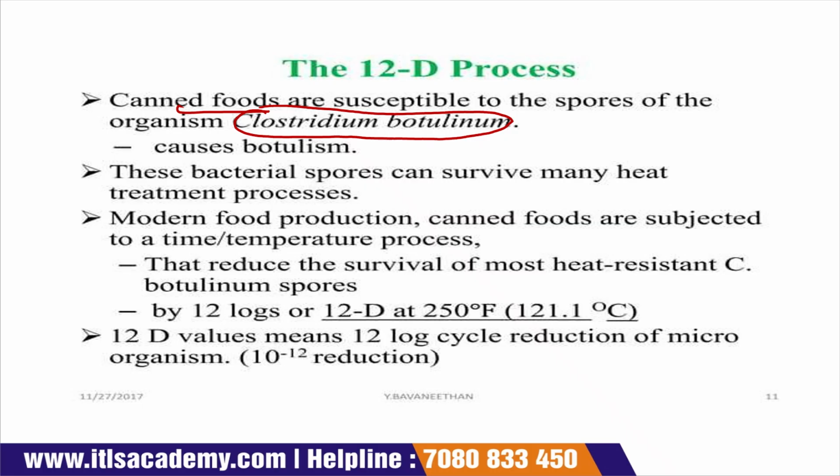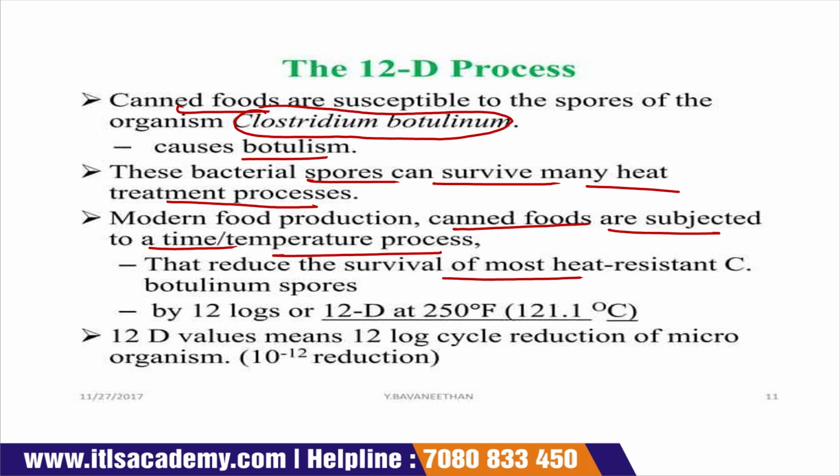Clostridium botulinum is responsible for botulism, and its spores can survive many heat treatment processes. In modern food production, canned foods are subjected to a time-temperature process which reduces the survival chance of the most heat-resistant bacteria, the Clostridium botulinum spore, by 12 log, or 12D, at 121.1 degrees Celsius.